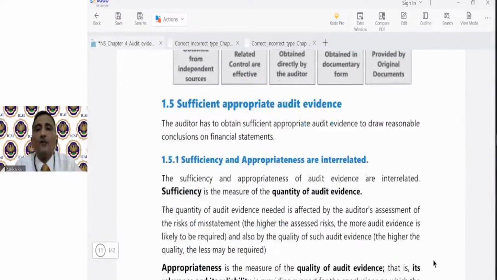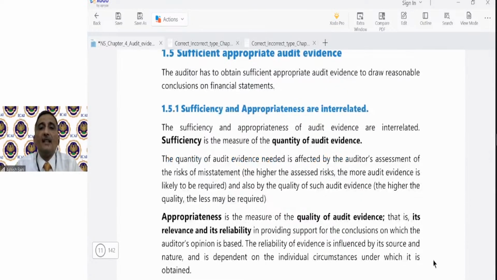So now we come to sufficient appropriate audit evidence. So what is sufficient appropriate audit evidence? Students, sufficiency is related to the quantity of audit evidence. Quantity, how much audit evidence.